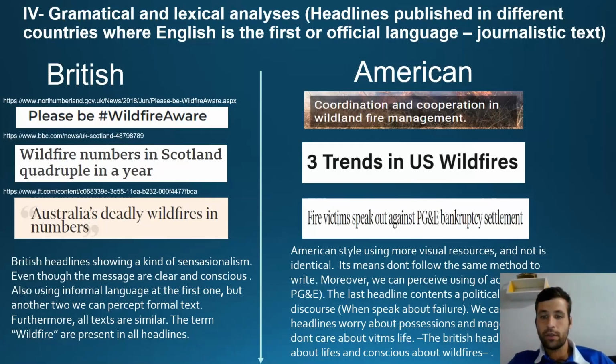Moreover, we can perceive the use of acronyms. And the last headline contains a political discourse. When speaking about failure, we can perceive the headlines were more about possession and management and don't care about victims' lives.